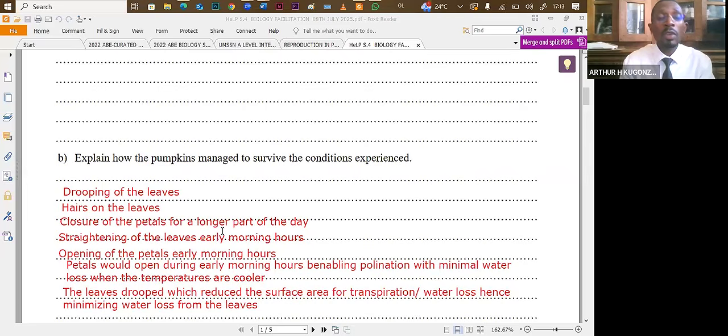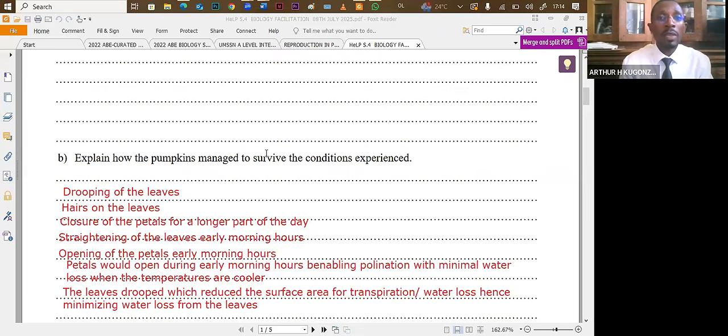The closing of the flower petals for a longer part of the day, I would say that the flowers would close their petals for a longer part of the day, hence minimizing water loss through transpiration during hotter hours of the day.